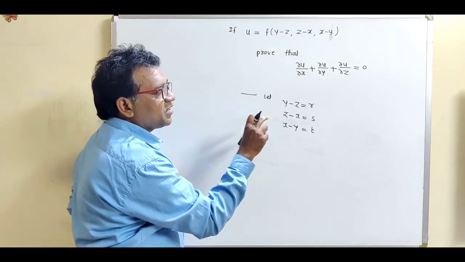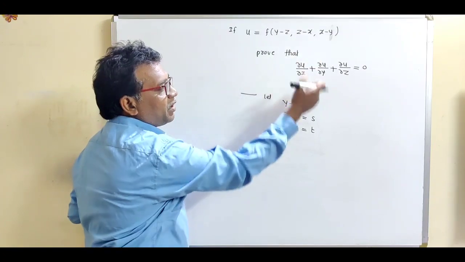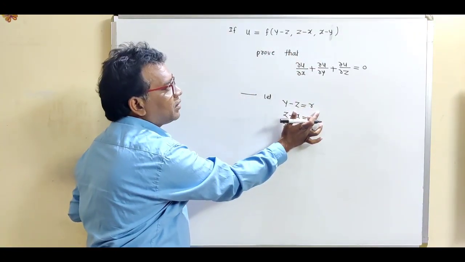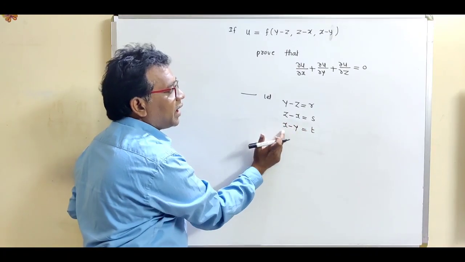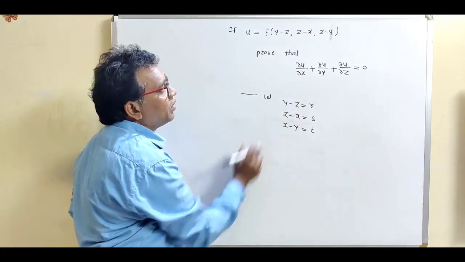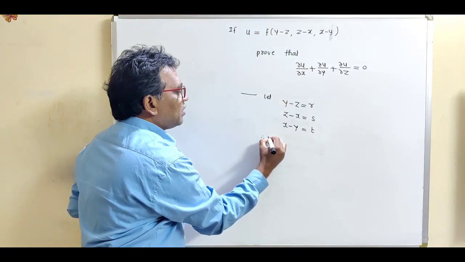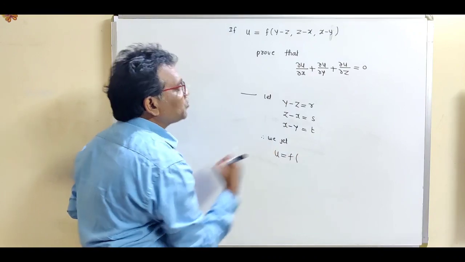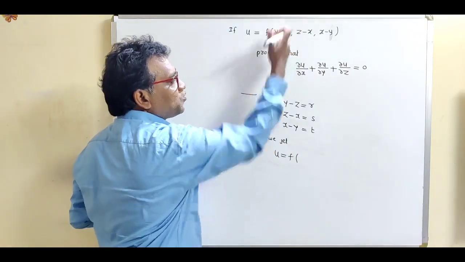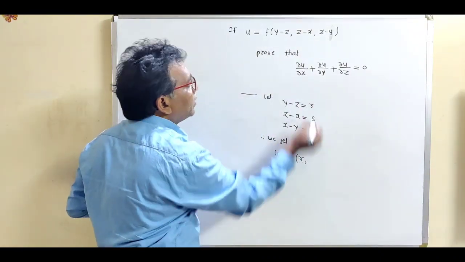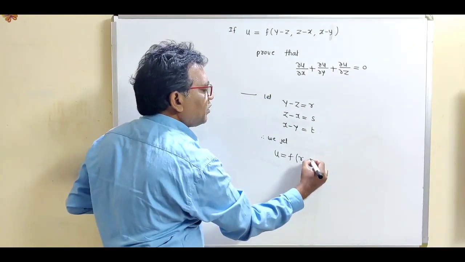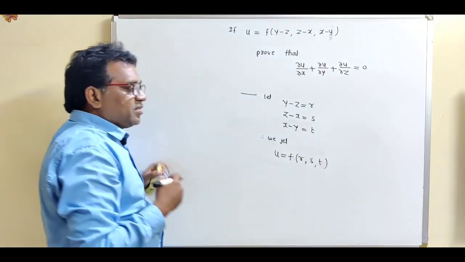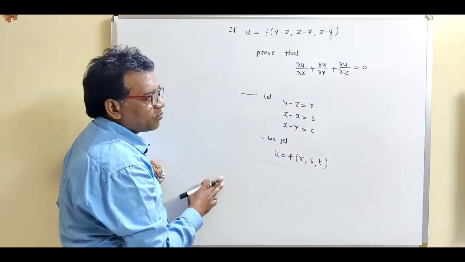Let us put these three variables by certain variables. So what we get? Write down, therefore we get u is equal to a function of, putting y minus z equal to r, z minus x equal to s, and x minus y equal to t. So we get u is equal to f of r, s, t.